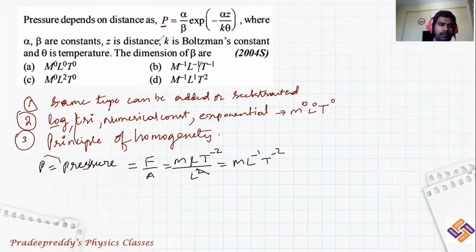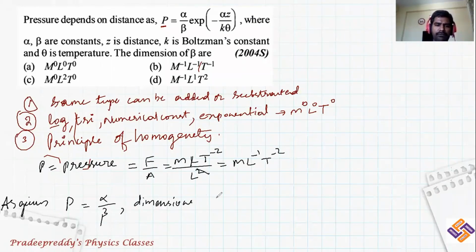As given in the problem, pressure P is equal to alpha by beta, that means dimensions of pressure should be equal to dimensions of alpha by beta, because rule 3, the principle of homogeneity, tells that dimensions of physical quantities on the left hand side and right hand side should be equal.